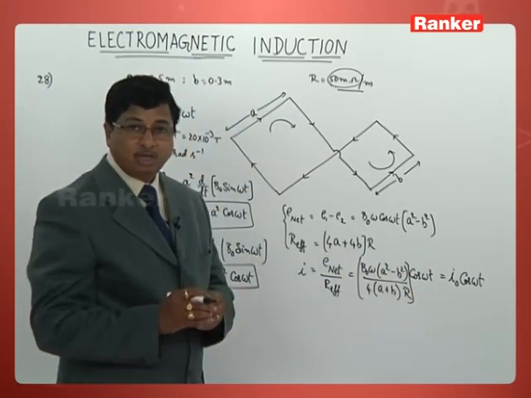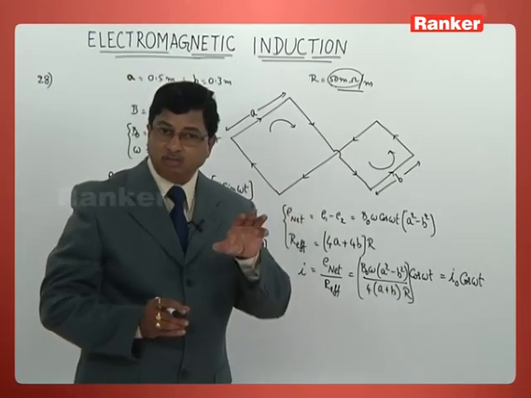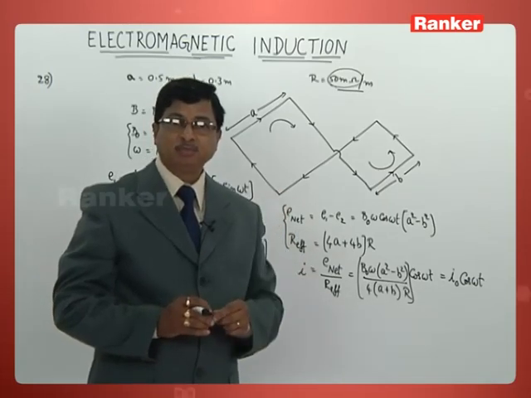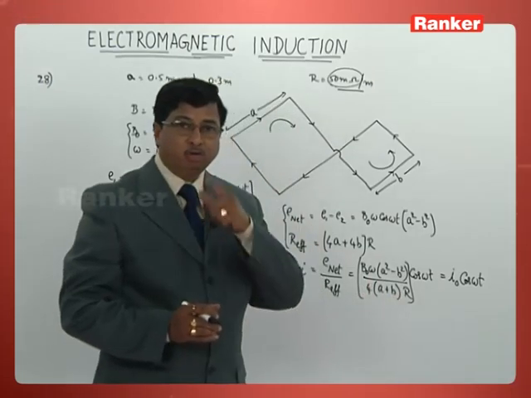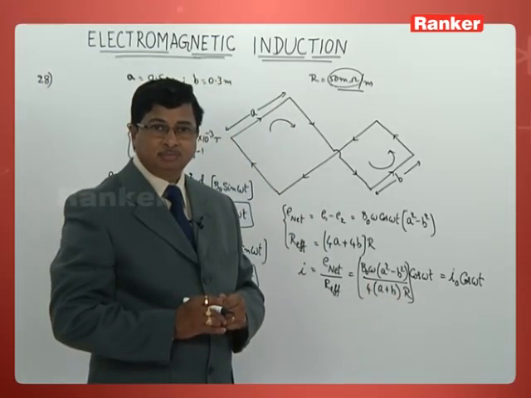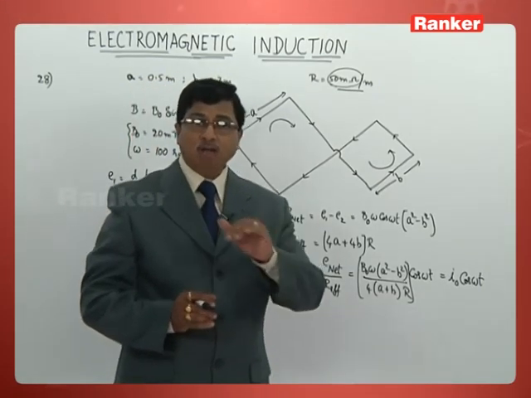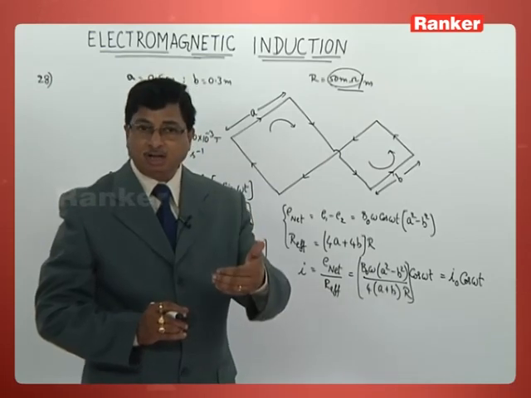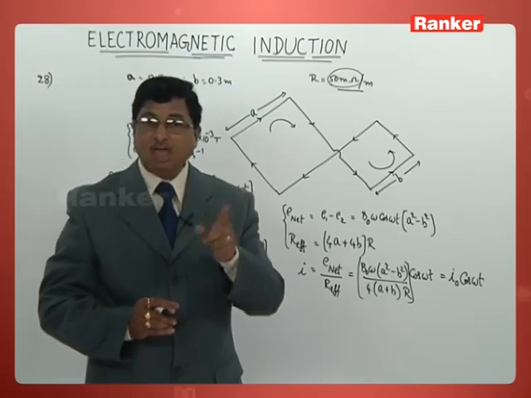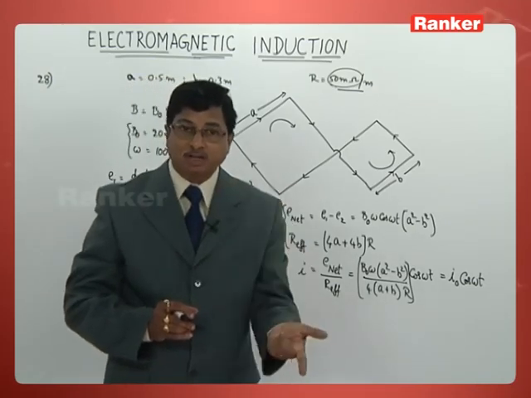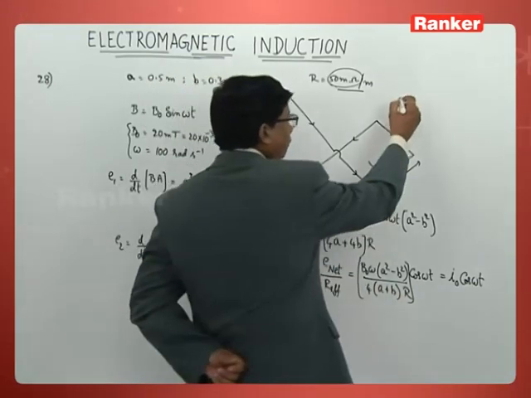What is that I naught to be called? It is the maximum or peak value of current. That's one way of representing I naught. What is the other one? This is also called current amplitude. Amplitude refers to maximum value. So current amplitude, in other words, we can call maximum current also. And his question is the amplitude of induced current. That is what this value is. So what can we write now?